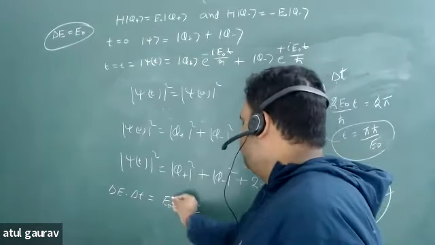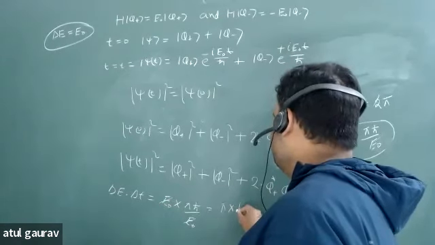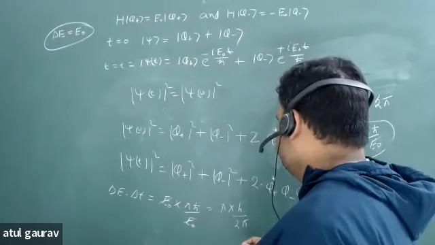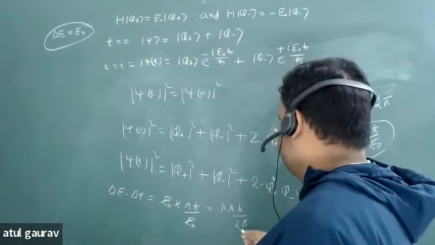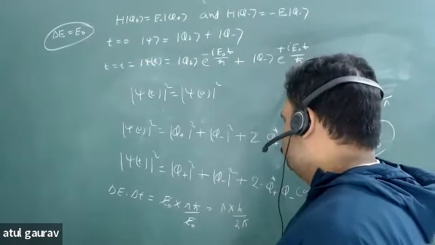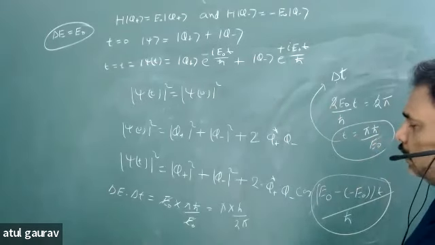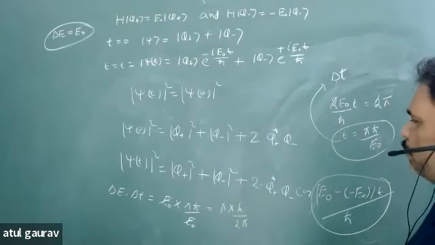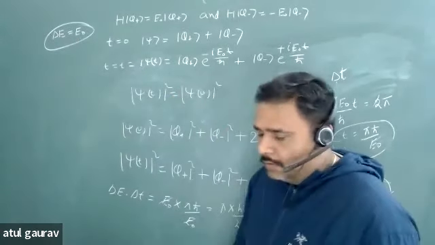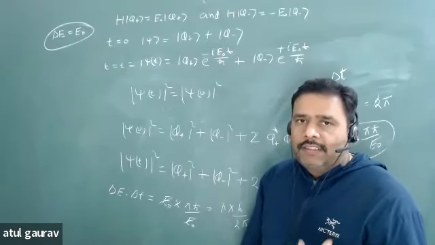Okay. So you will get E naught is there, and you have pi into h upon 2 pi, isn't it? So delta E is 2 E naught. We have calculated this delta E, that is uncertainty in energy.